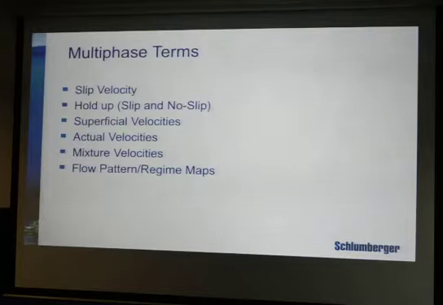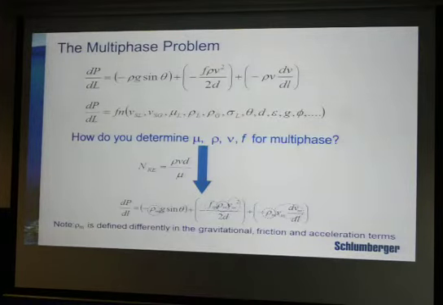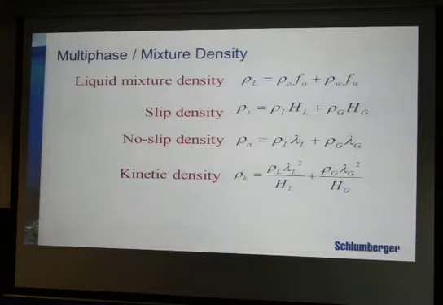Now a few terms to really know and understand in tubing outflow curves are slip velocity, hold up, and superficial velocity. This you'll get to know. So slip tells you the mixture density that can be followed. Slip, basically, is what happens in the tubing when both phases are flowing, gas and liquid, and the gas moves faster.